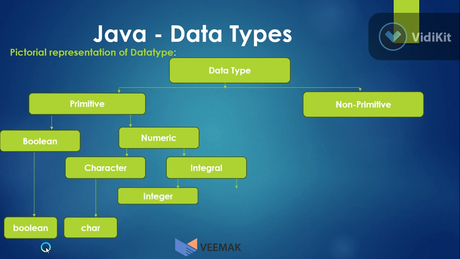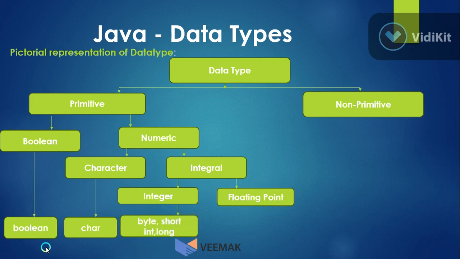The integral is classified into integer and floating point. The integer has four data types: byte, short, int, long. The byte, short, int, long can hold only whole numbers. The only difference is the range. The floating point only holds fractional numbers. That is float and double.